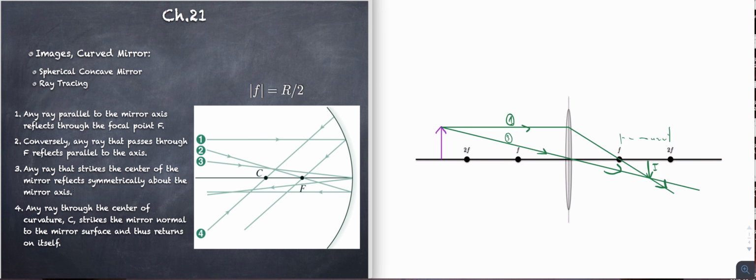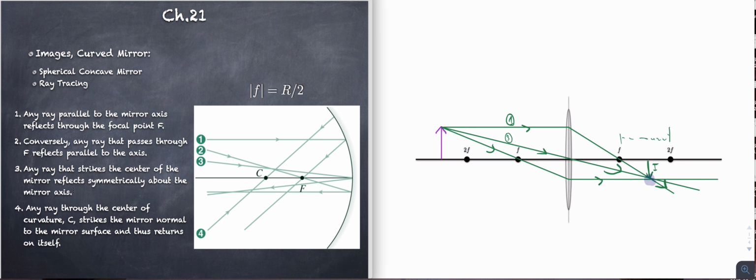And now what we can do is move through what was 2, which is moving through the focal point. So we can actually refract. If I have light coming from the object through the focal point, that should refract through the lens parallel. And again, you see where the image is forming over here.